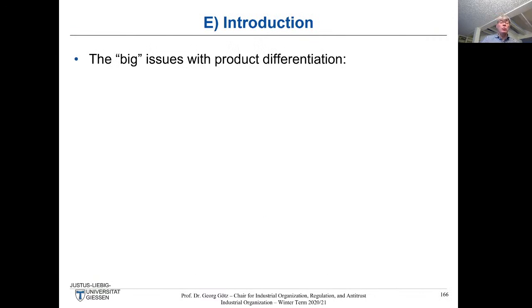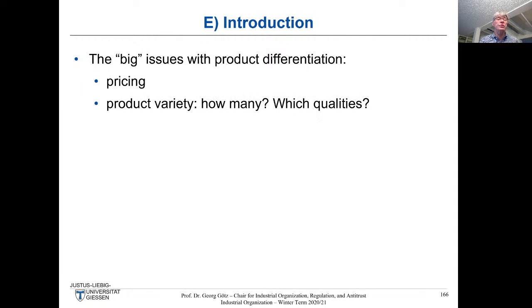So that was what we already briefly discussed last week, where we started this discussion of what is called product differentiation, or one might also call this spread of horizontal product proliferation. Okay, if Kellogg's produces 25 different varieties of their cornflakes, or however they are called, this is product proliferation.